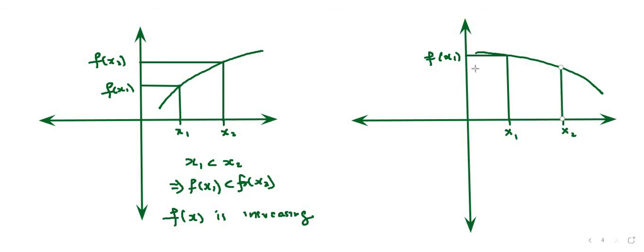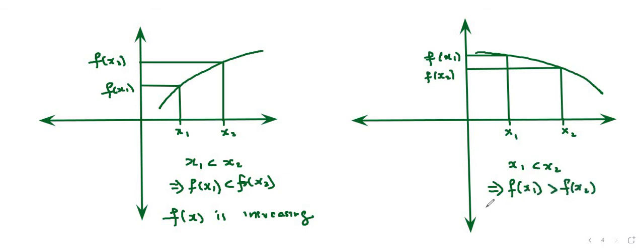From the figure it is clear that f of x2 is less than f of x1. That is, x1 is less than x2 implies f of x1 is greater than f of x2. We say that the function f of x is decreasing.